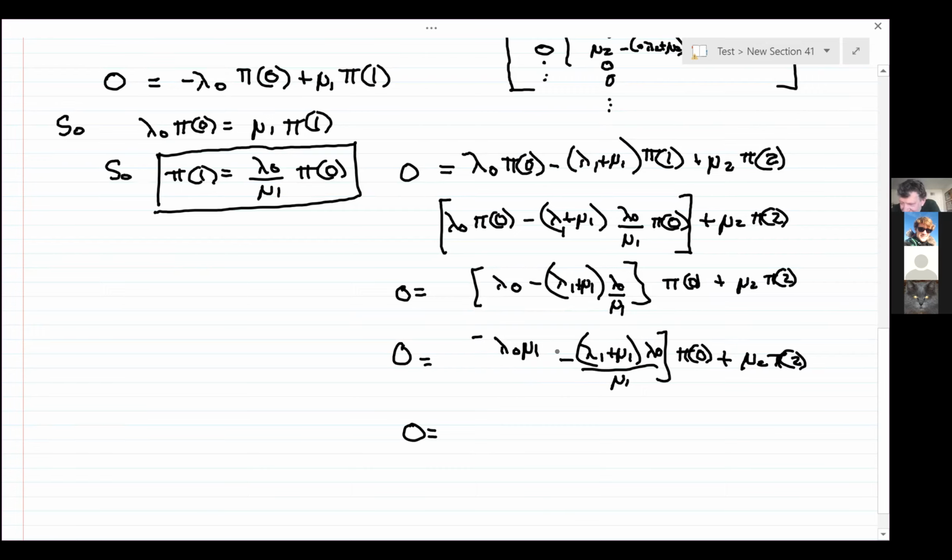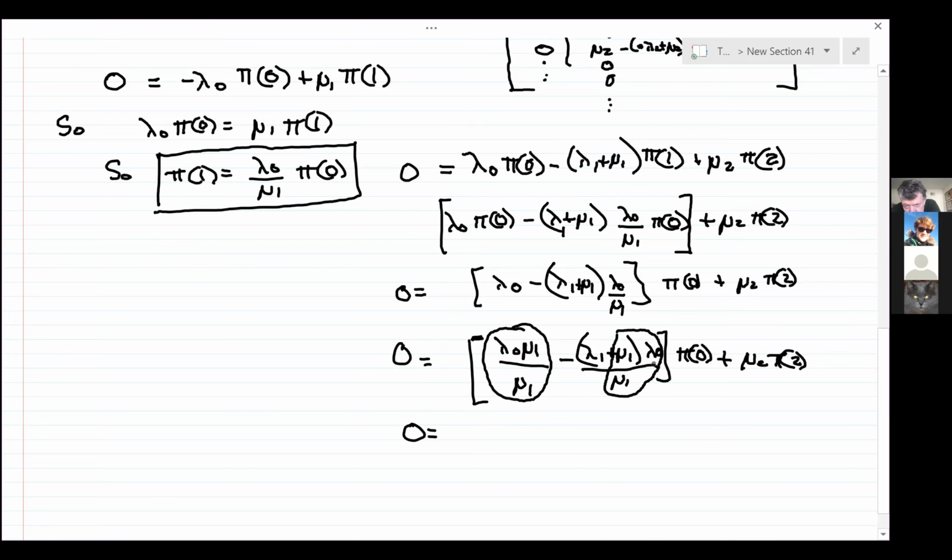Let me see if I can just get back to where I was. Okay, so I'm going to say this circle. That agrees with the second part here, lambda 0 mu1 over mu1, and that comes with a minus. So that cancels this part.